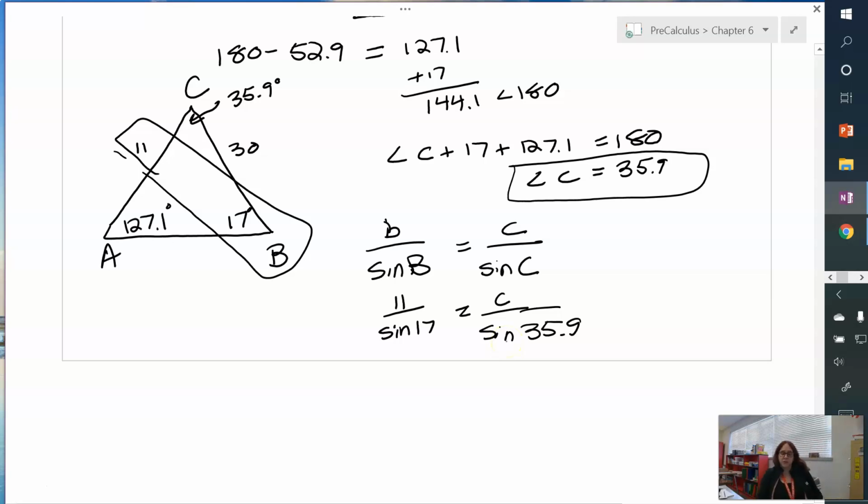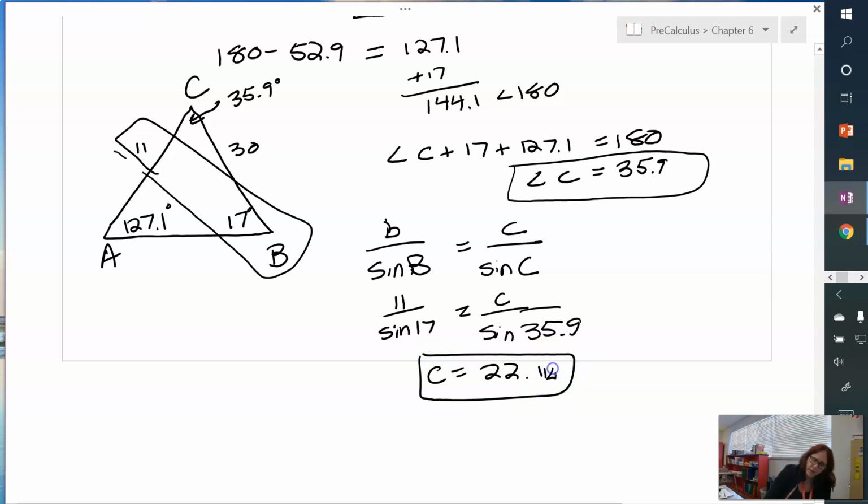Now what I'm going to do to solve for c is I'm going to multiply both sides by sine of 35.9. So 11 times sine of 35.9, I'm going to divide that by the sine of 17. And I got 22.1. So that's the length of c in the second triangle.